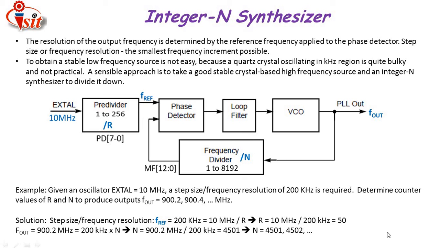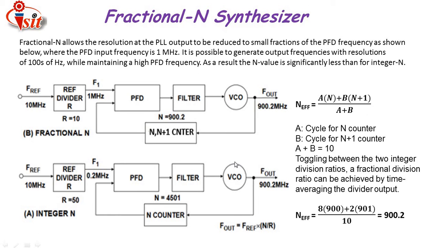For this example, the value of N varies from 4501 up to 8192, because the frequency divider range varies from 1 to 8192. Along with this, here we are using the fractional N synthesizer.